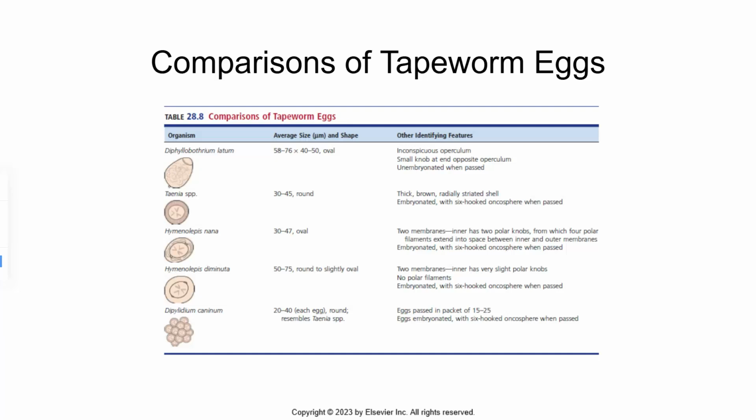The reference manual has all the different types of eggs and the relative sizes that they should be, and you compare it that way to differentiate. Identifying features are listed here, so you can make note of these, and maybe they will help you when you're learning all of the egg shapes so that you can easily identify these on an exam.